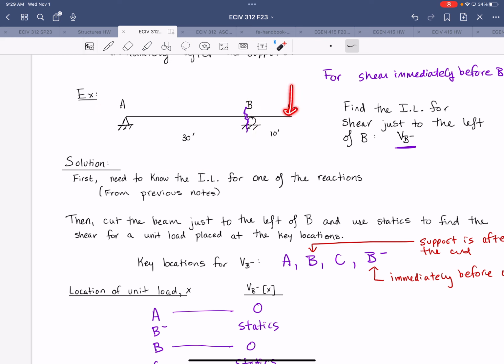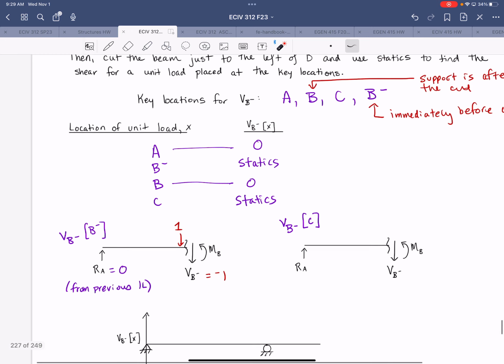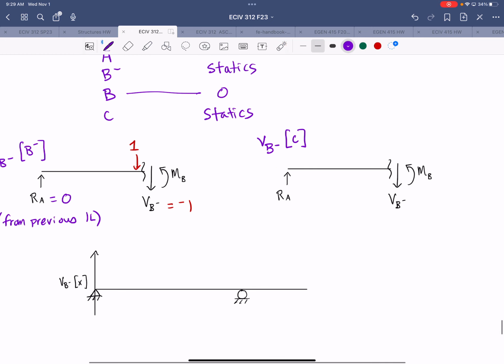So we have the unit load at C, but that's not going to show up on our left side of the cut free body diagram. So we need to update the reaction at A for this value. And from our previous influence line, when the unit load was at the free end, the reaction at A was -0.33. All right, so then from statics, we sum forces in Y. We get the shear immediately before the support is -0.33.